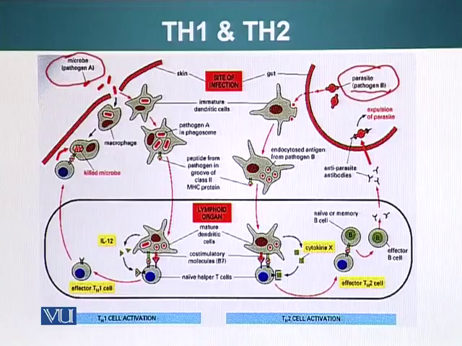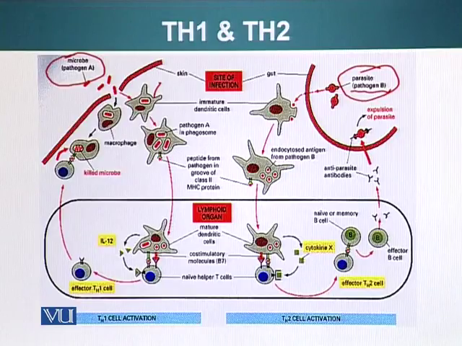So pathogen A, when it enters the body, will encounter the immature dendritic cells right here. These dendritic cells will engulf pathogen A, phagocytose it, and they will fuse this phagosome with the lysosome, degrading pathogen A. When they do that, as we have talked about, antigen-presenting cells have major histocompatibility class 2 molecules.